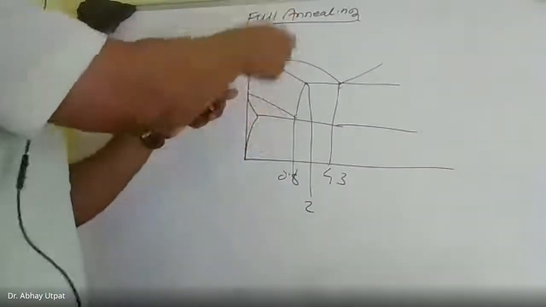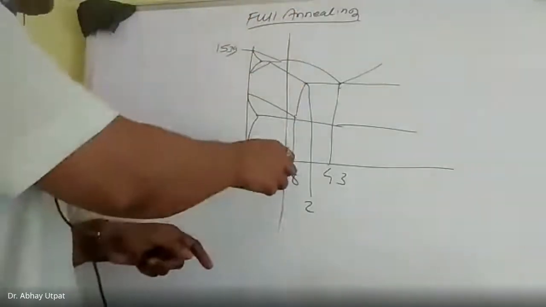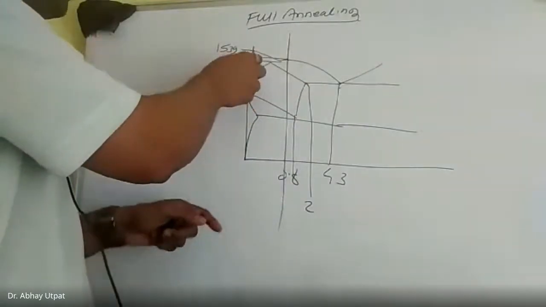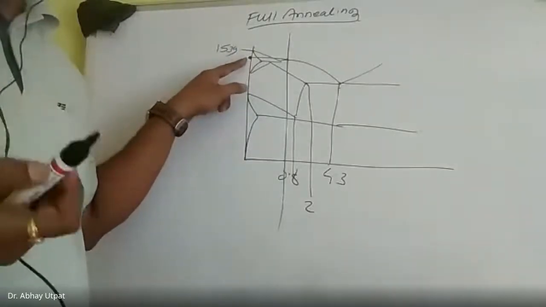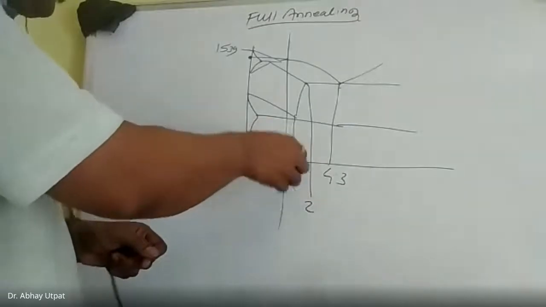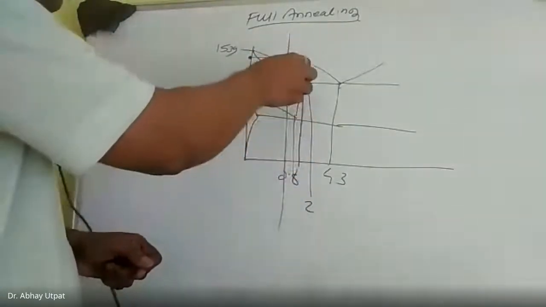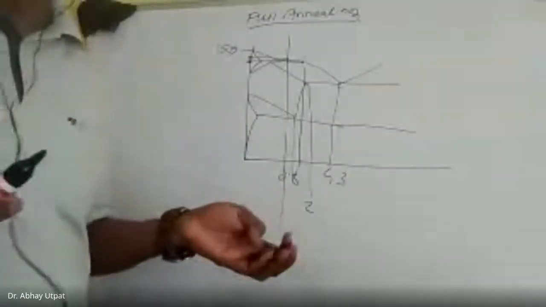So you put a vertical line anywhere. If I put it here, this is 0.7% carbon. So here it cuts. Go to the left hand side. This will be your melting point. Very simple. If I ask the melting point of 1%, 1% is somewhere here. Draw the straight line. It will cut here. It will be the melting point.